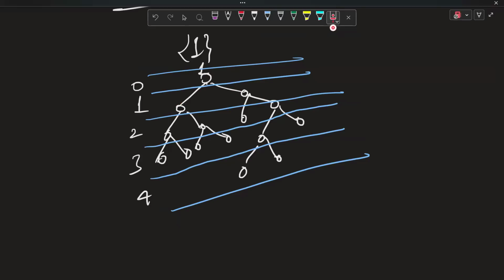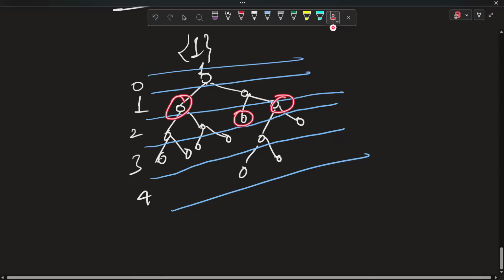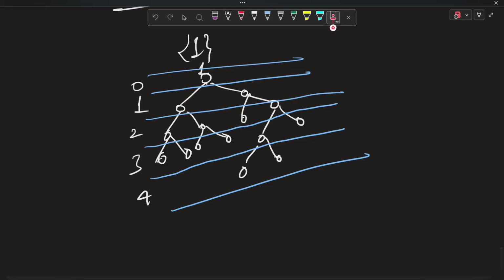Then you can just see it like this. When you are at this node, how many valid sequences exist? From here, you can move to here or here. So you can see that you can run something like a DP here: if you are at this node, what valid sequences starting with this node are there.